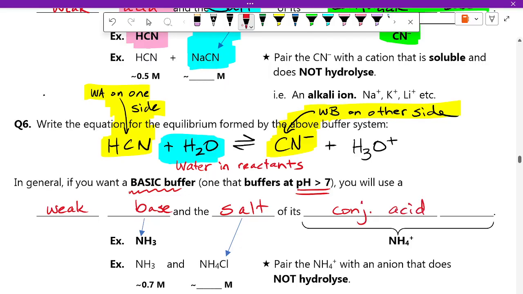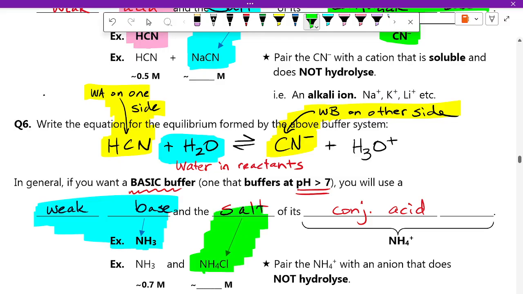Who is our most famous of all weak bases that you guys still forget? Ammonia. NH3. Okay, so here's our weak base, NH3. Here is our salt. And here is our conjugate acid, NH4 plus.